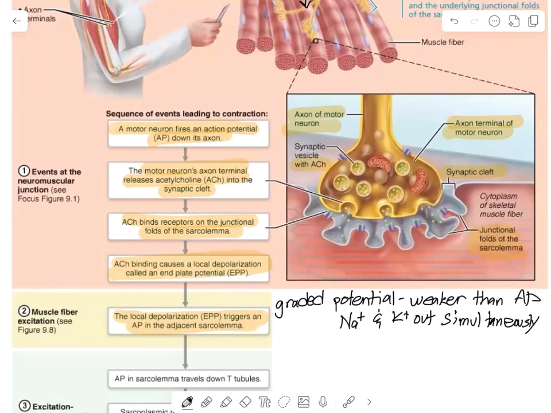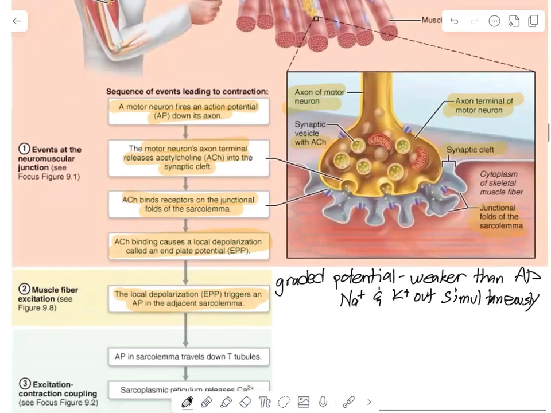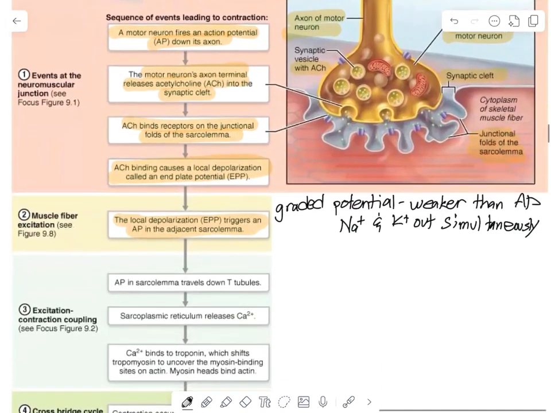Now, this graded potential leads to an action potential. So it starts out as a graded potential, but it becomes an action potential. And that's the beginning of the excitation-contraction coupling. So the first part here is, again, in that first video in A&P Flicks. The second video is shown here.